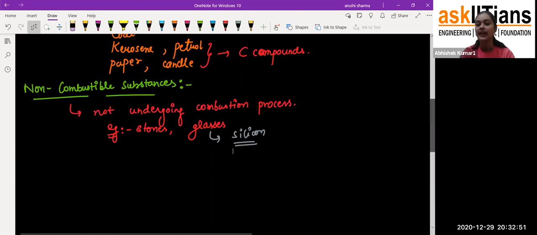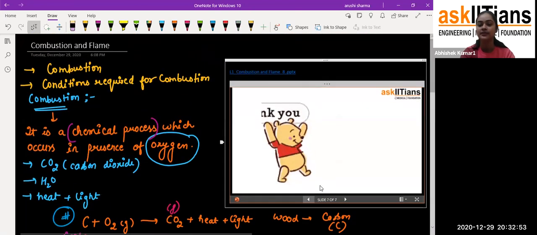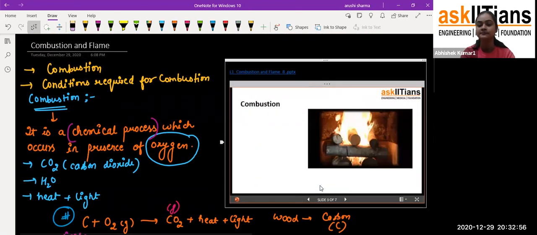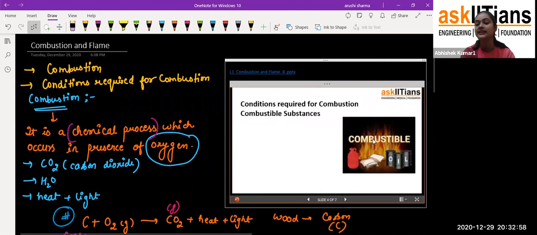I think I have pictures also here. I'll show you once again. These are the combustible substances. You can see the LPG cylinder which we have. LPG is also combustible in nature.